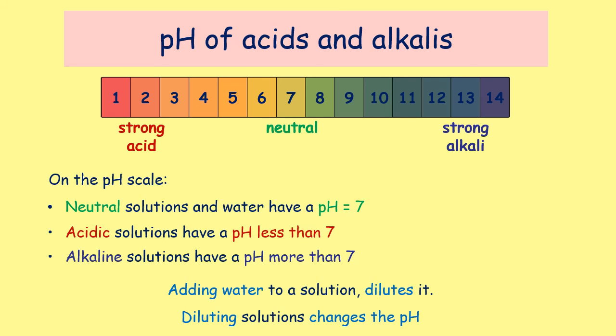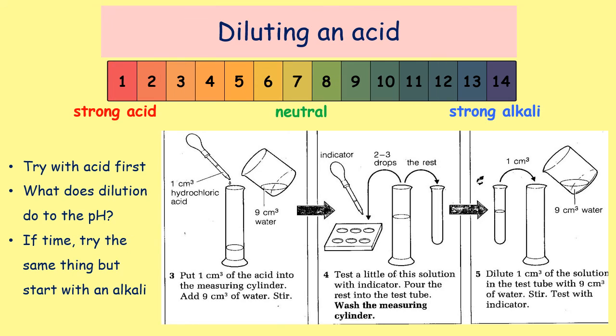If we have a strong acid or a strong alkali, we might want to dilute it. And diluting something just means to add water, like diluting juice. And when we dilute solutions, we change the pH. Now, if you're able to do so in class, the experiment that you would do is you would make up an acid solution.